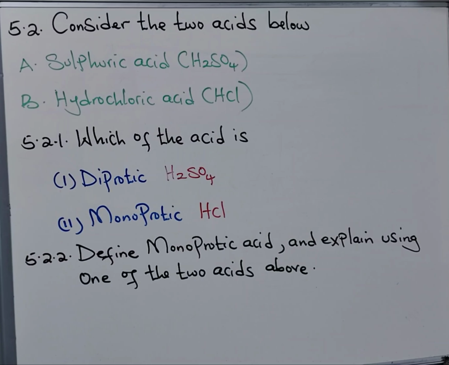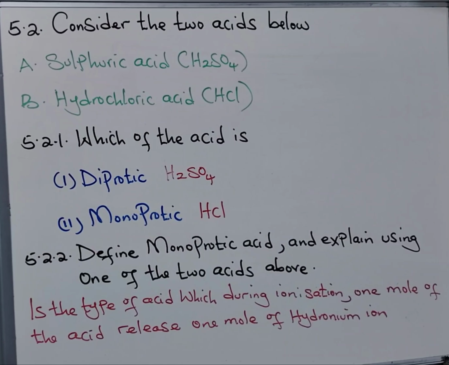So, what is a monoprotic acid? A monoprotic acid is the type of acid for which, during ionization, 1 mole of the acid releases 1 mole of hydronium ion. The example is hydrochloric acid.